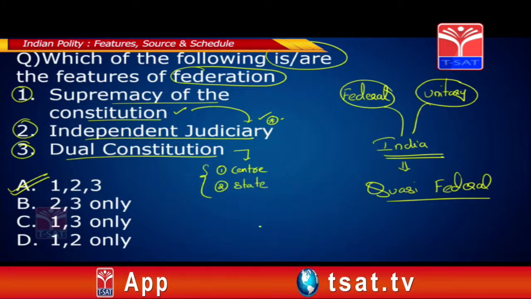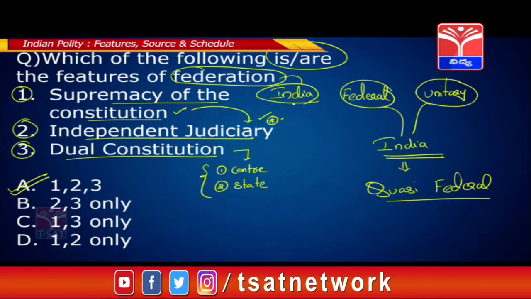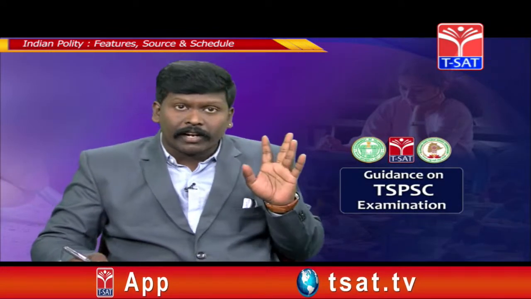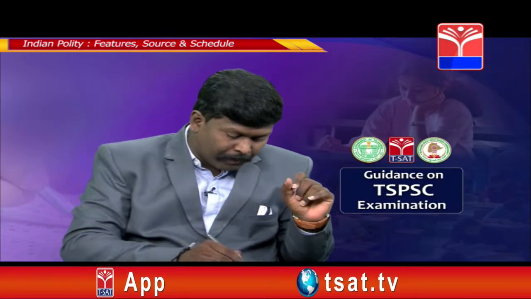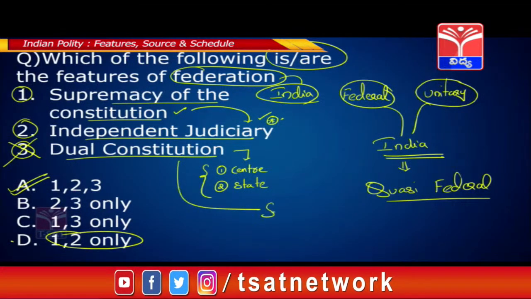Now, which of the following is or are the features of the federation in India? Keeping India in perspective, can you tell me what the features are? Yes, the answer will be D. Why? In India, we don't have a dual constitution, we have a single constitution.